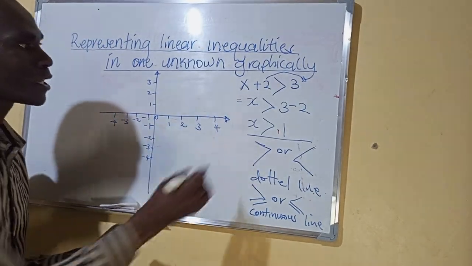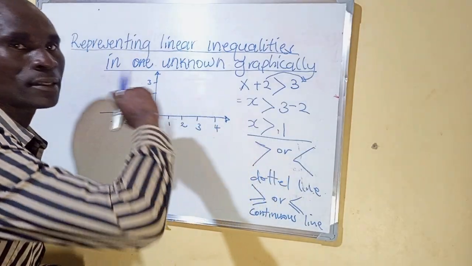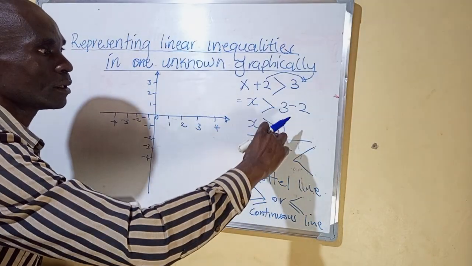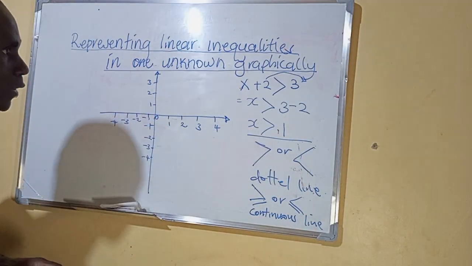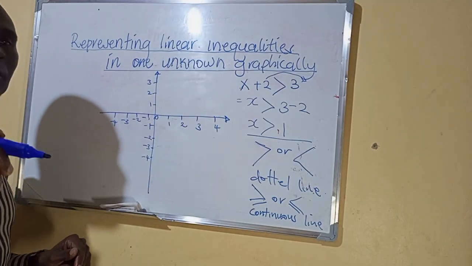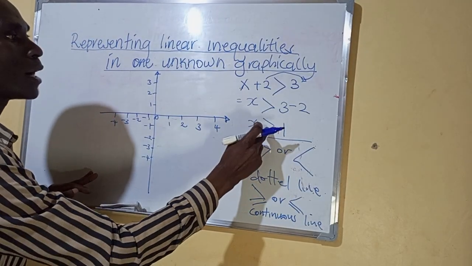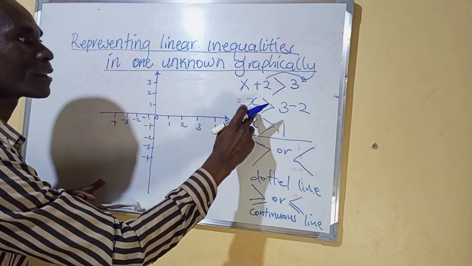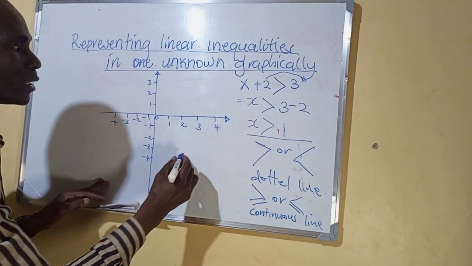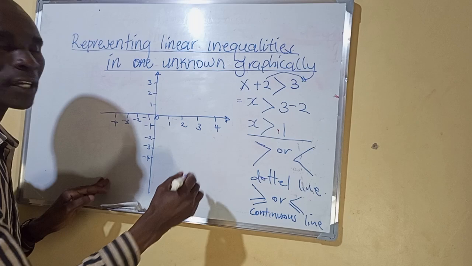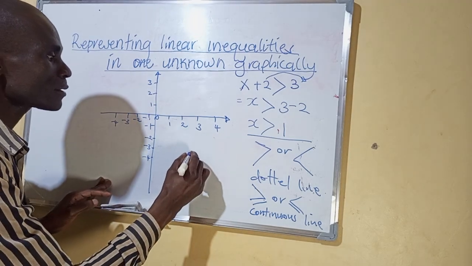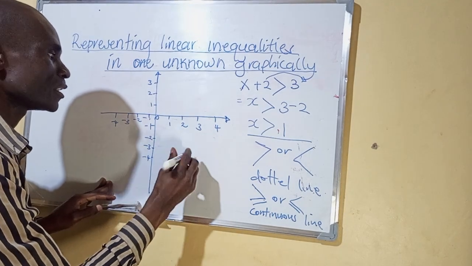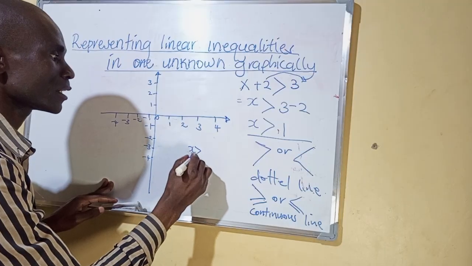We want to represent x is greater than 1. Now what do we do? First of all, we want to draw the line. So we draw the line x. This is x is greater than 1.